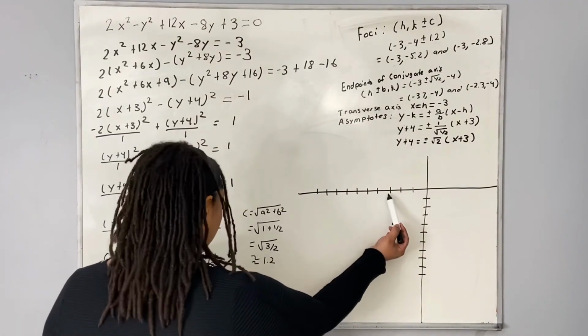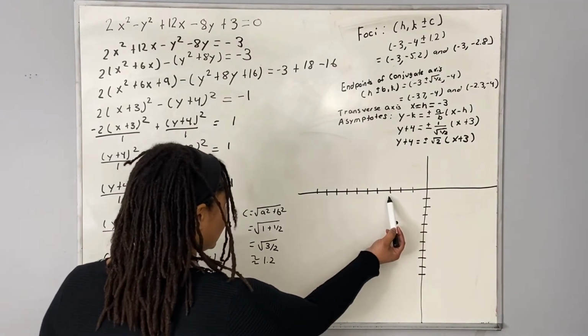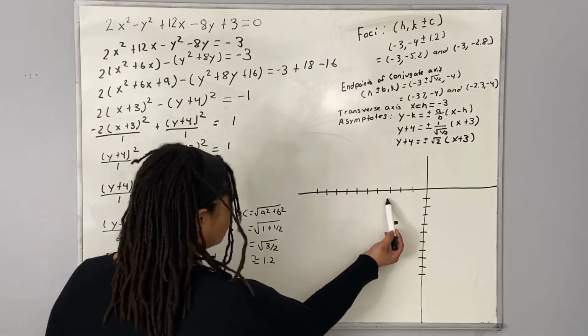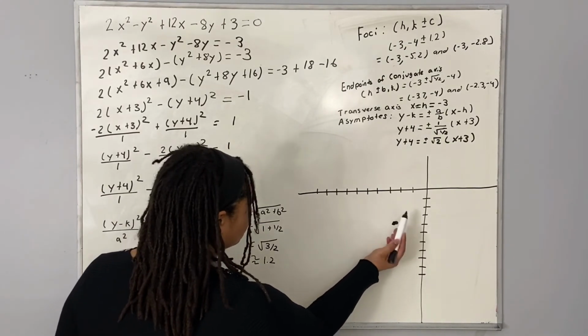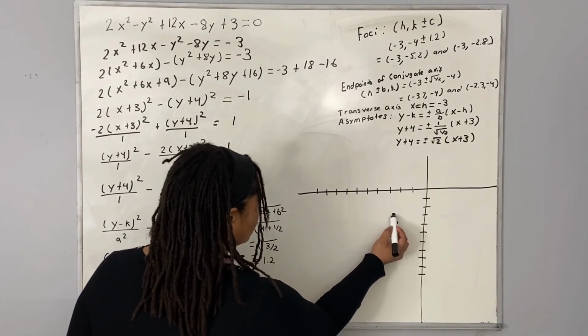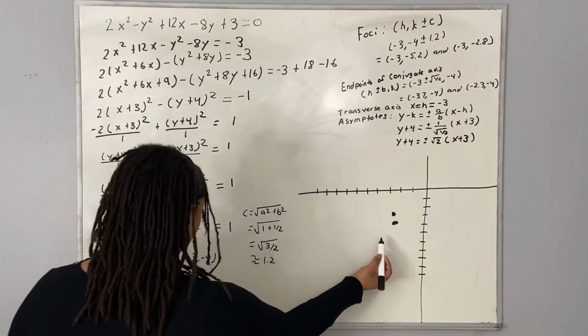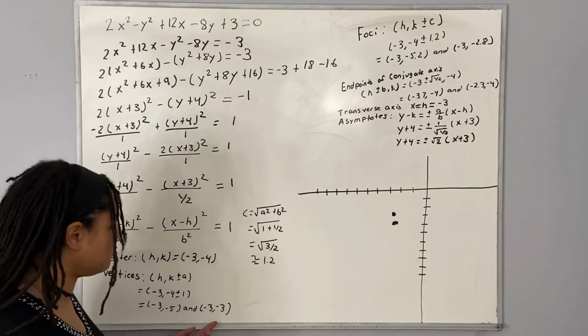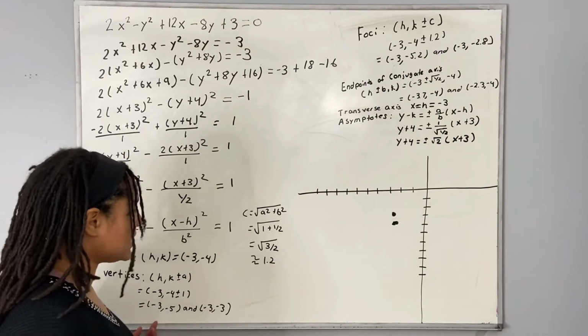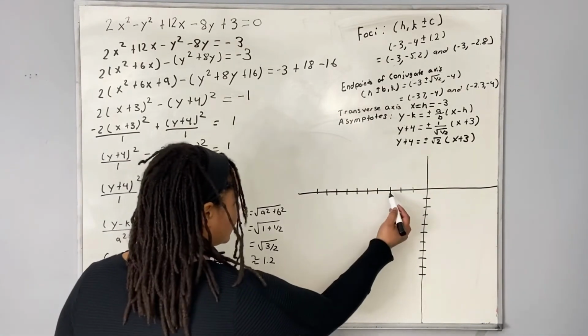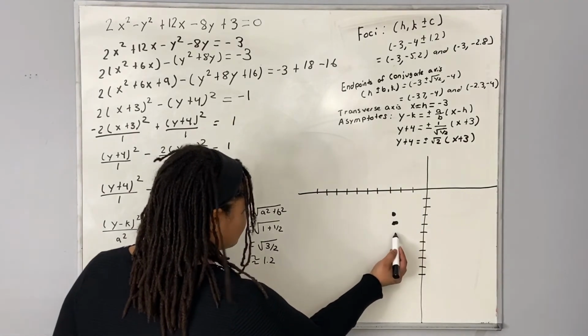Here we're at -3, and we're going to go down 3. So 1, 2, and 3. Our point will be here, and then we're going to go to (-3, -5). So we have (-3, -5) here.